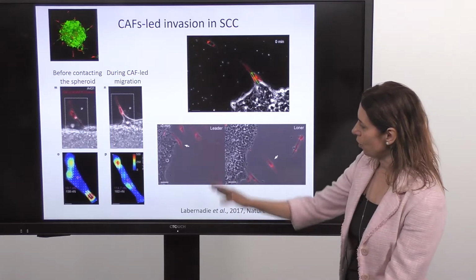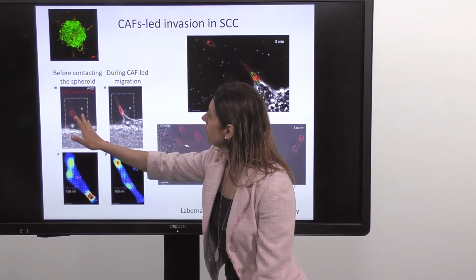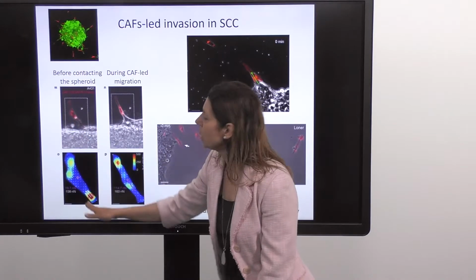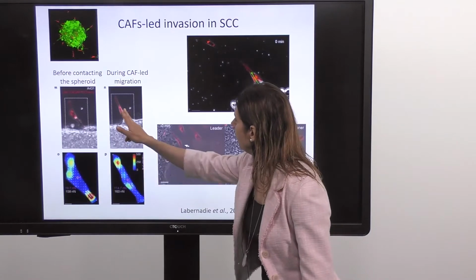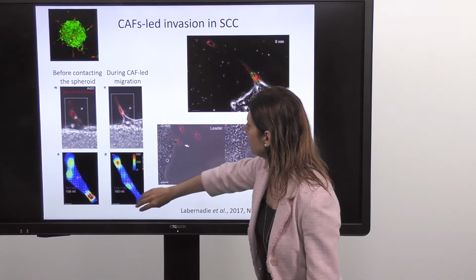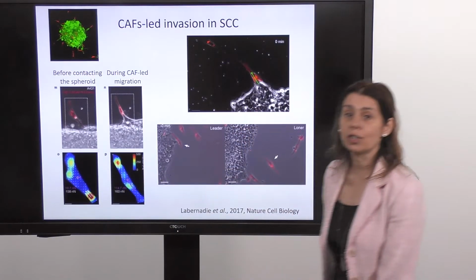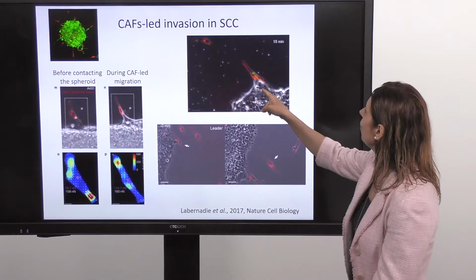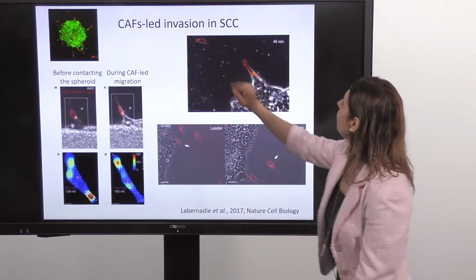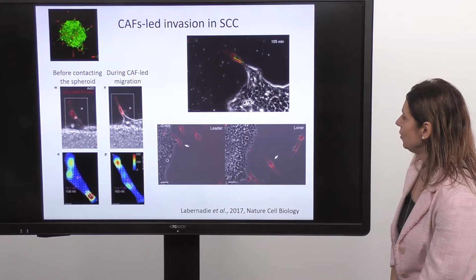They could observe that initially, before contacting the spheroid, some of the fibroblasts had quite even distribution of the traction force. However, when in contact with the spheroid, they started to pull the cancer cells, and you could see here by this vector the traction force. So here it's a video showing how the red fibroblasts are basically dragging the cancer cells to invade.